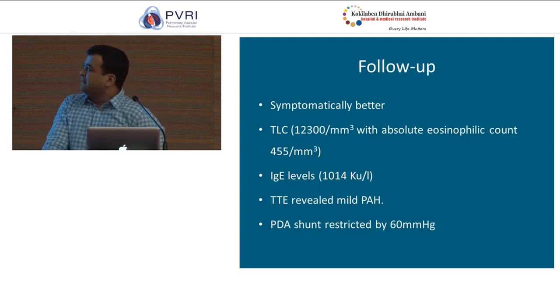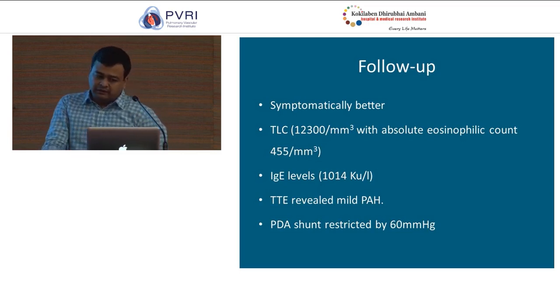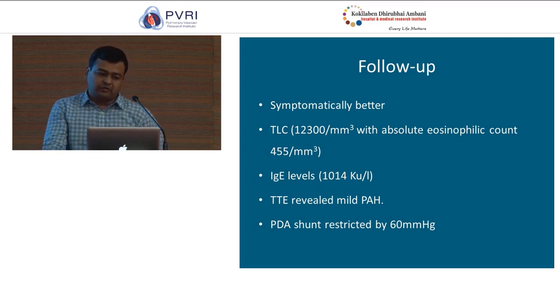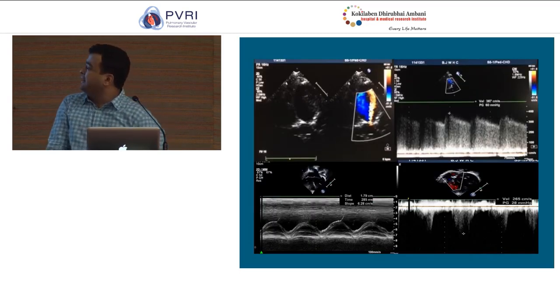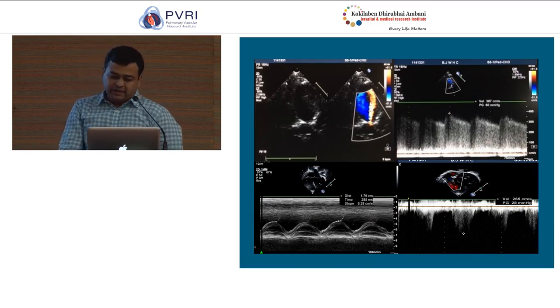His TLC was still high, and the absolute eosinophil count was marginally high. It had reduced from 13,000 to 400, and IgE levels had decreased from 18,000 to 1,000. Repeat transthoracic echo was done after 1 month, and the PDA gradient was restricted by 60. The TR gradient was 28.